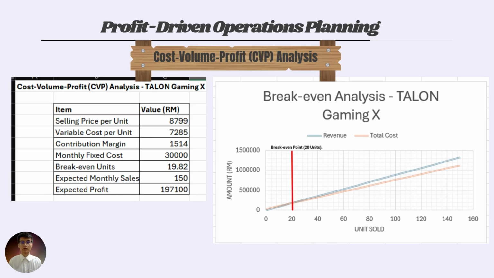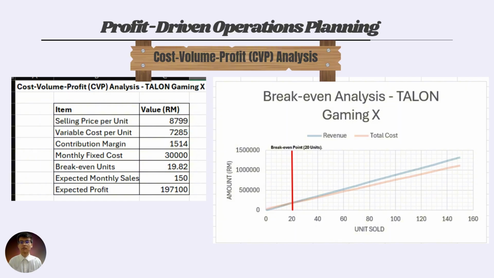Now I will continue to present our profit-driven operation planning. We first apply cost-volume-profit (CVP) analysis to evaluate the relationship between the production cost, sales volume, and profit. This analysis helps management estimate the break-even point, determine the target sales, and understand how changes in cost or selling price affect profitability.